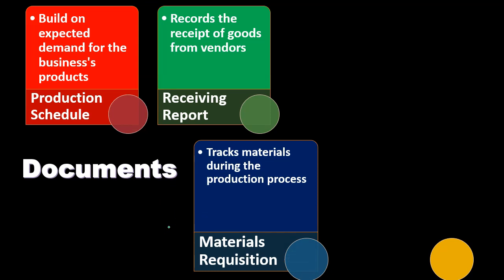Then we have the materials requisition, which tracks material during the production process. The materials requisition is going to be an internal form, internal to the organization, and that's going to be tracking the materials. If you think of a job cost system where we're making the inventory, then the materials requisition form may be the form that is used to move the materials.